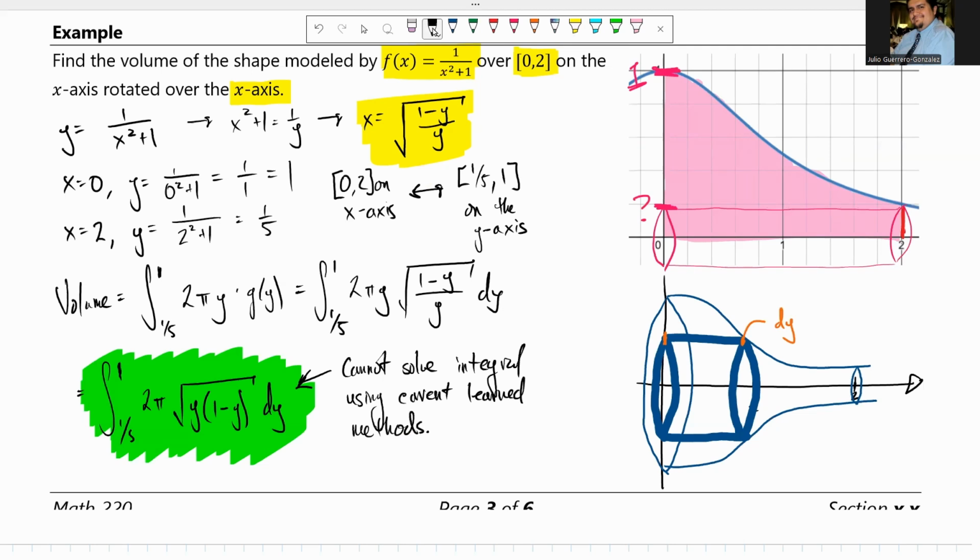We cannot solve this integral using current learned methods. Okay, we actually need to go to trigonometric substitution in order to solve this, and we learned that in chapter 3. So we're not there yet. Okay, so I'm not even going to compute this. I'm going to leave it there.